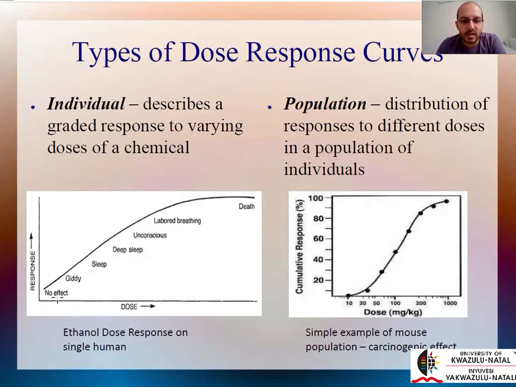At a low dose, there might be no effect on that individual. On a higher dose, it could make the individual giddy. Higher, it could make him sleepy or even cause deep sleep. A higher dose could lead him to become unconscious or have labored breathing, and at the extreme case, that can lead to death.